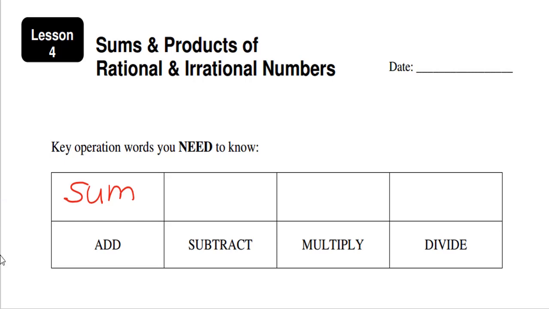Same thing for subtract. If I'm subtracting two numbers, I am finding the difference. Again, if I'm finding the difference of two numbers, I need to subtract them. For multiply, when I multiply two numbers, that answer is called the product.